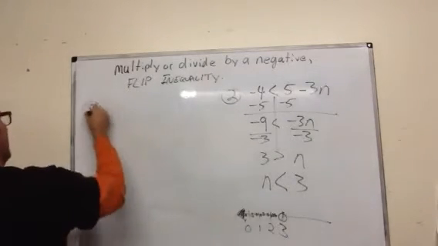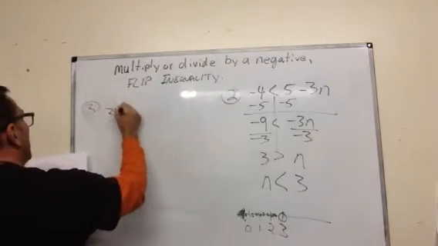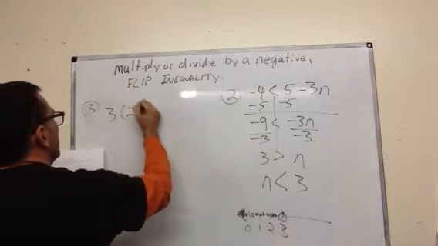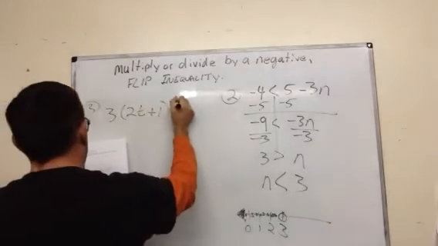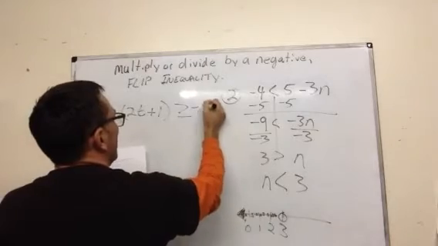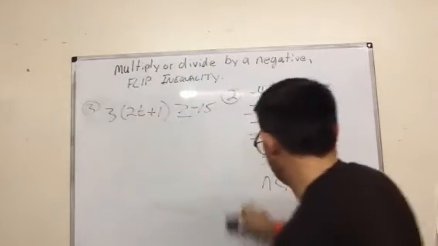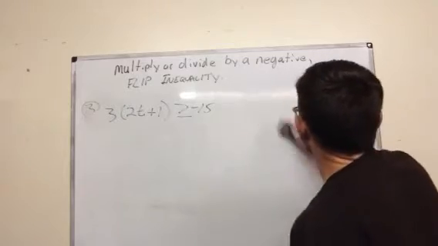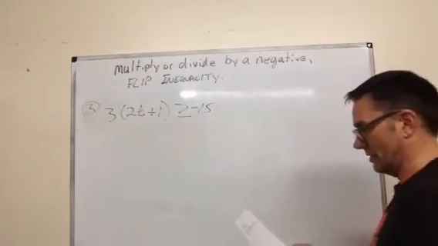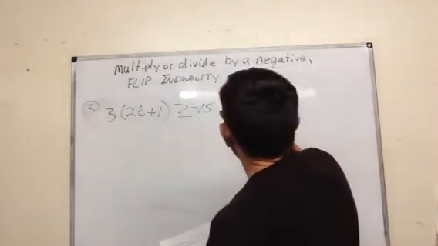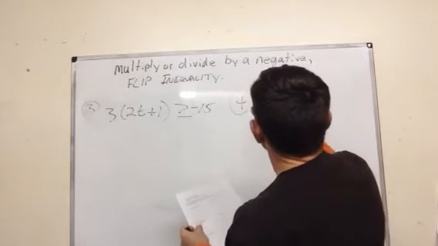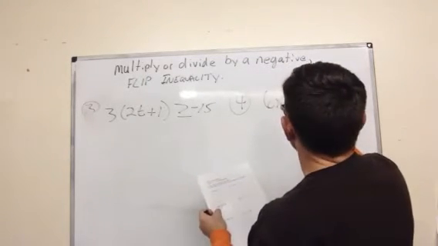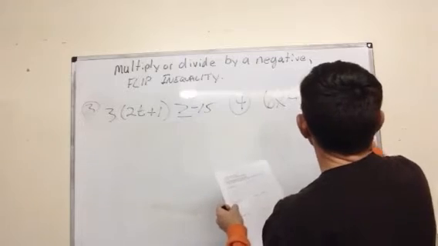Number 3, we have 3 parentheses, 2t plus 1 greater than or equal to -15. So, there's something new here. We have parentheses. Remember, that is the first thing we need to get rid of when we're solving equations.